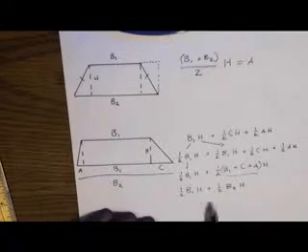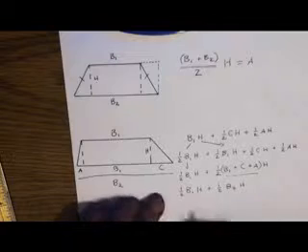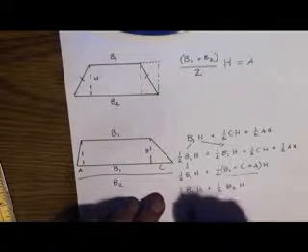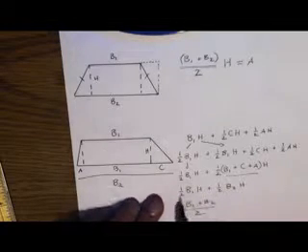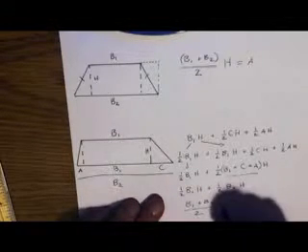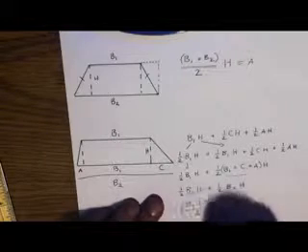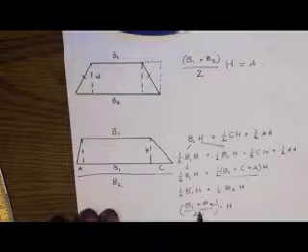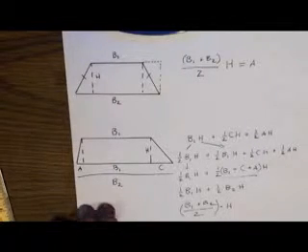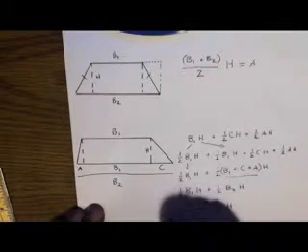But then we notice we can again pull the factoring out. We have 1/2 of B1 plus B2, times H. But what's special about that? We automatically know that this is the same as when we had the isosceles trapezoid.